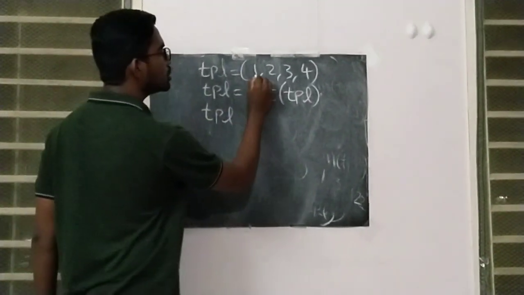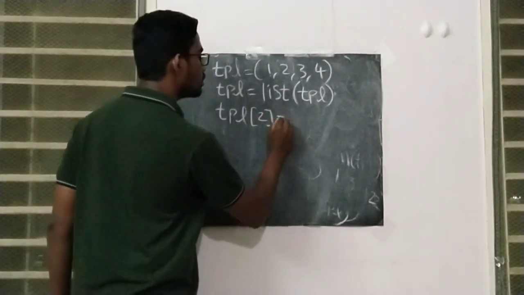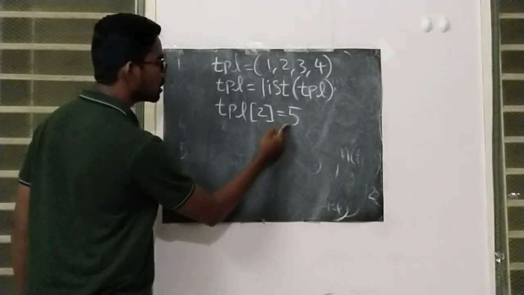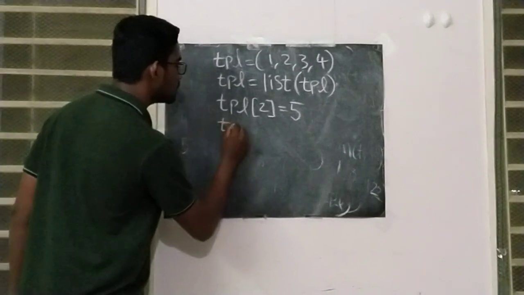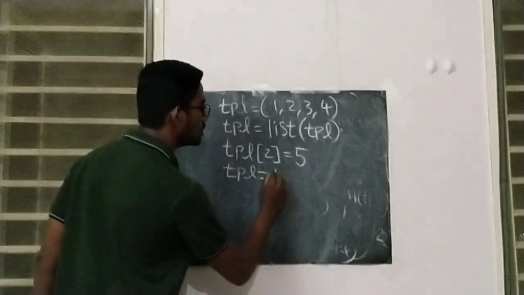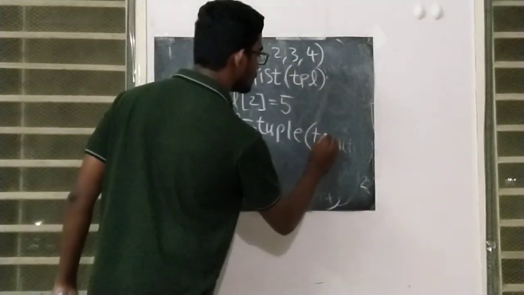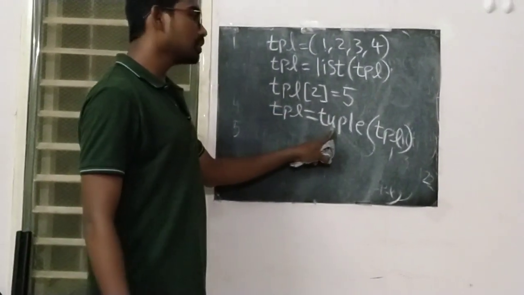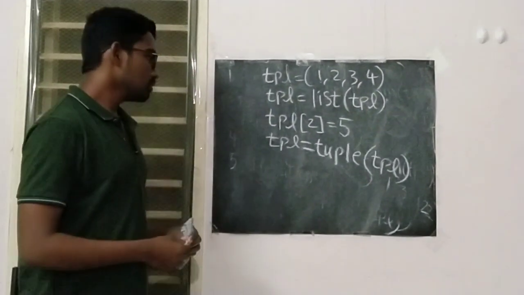The indexes are 0, 1, 2. TPL of 2 is equal to 5. Then after assigning this value, simply convert TPL into a tuple: TPL is equal to tuple of TPL. Now the TPL variable is again converted into a tuple, so it became an immutable object.